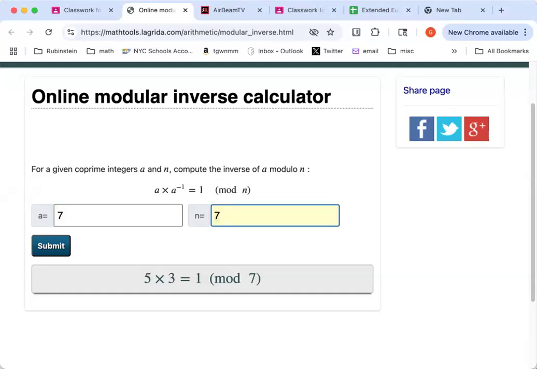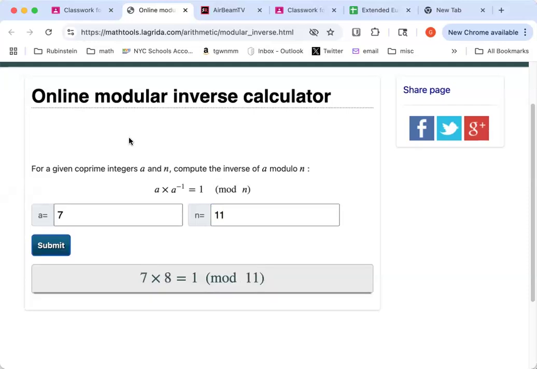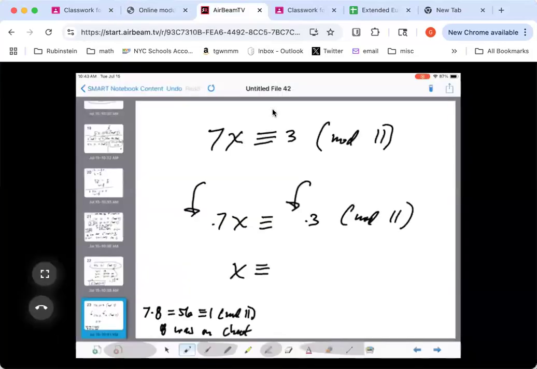Those are your lucky numbers. 7, 11, and it says 8. So what you do with that 8 is you put it here and here. So I'm going to make a note. Multiply.